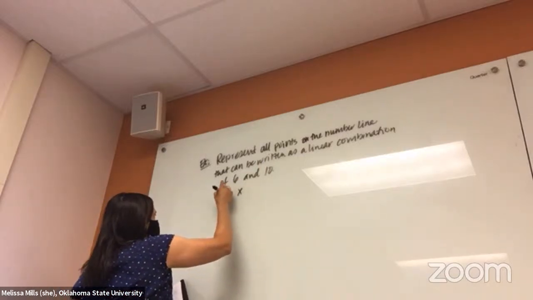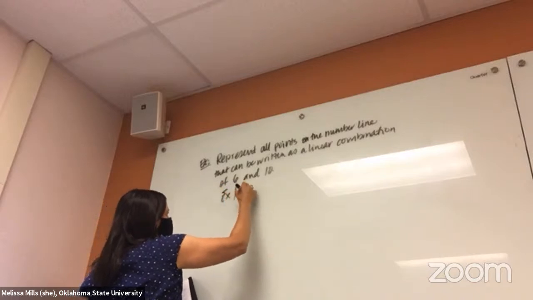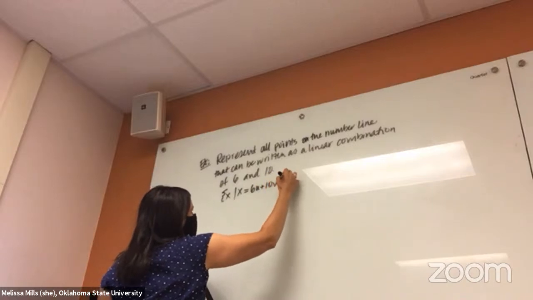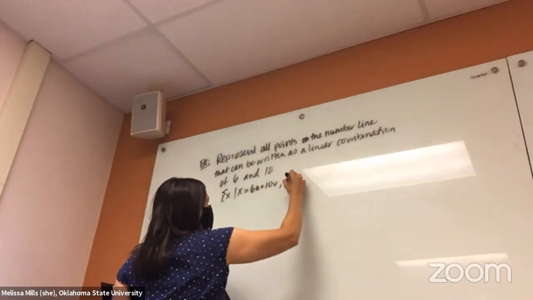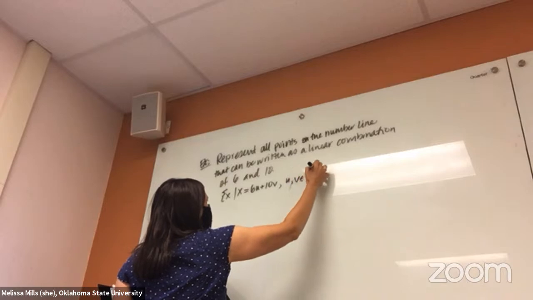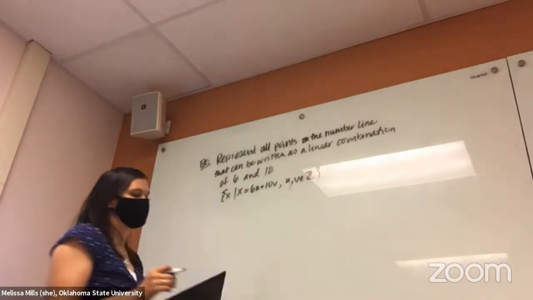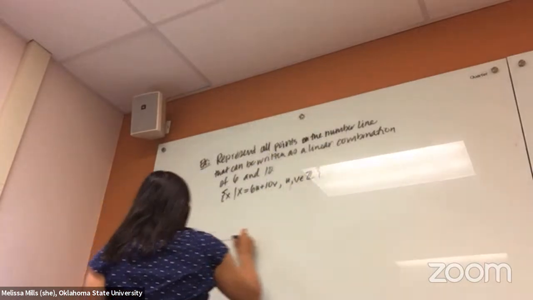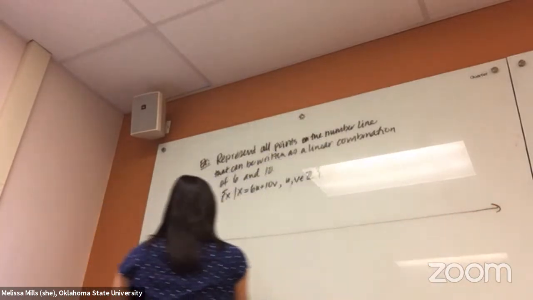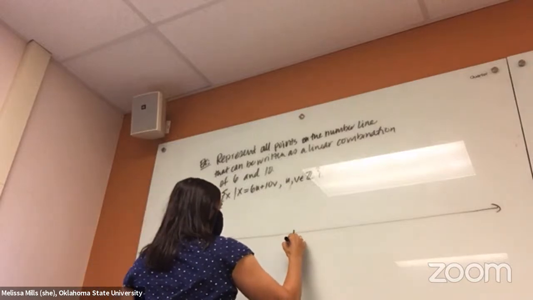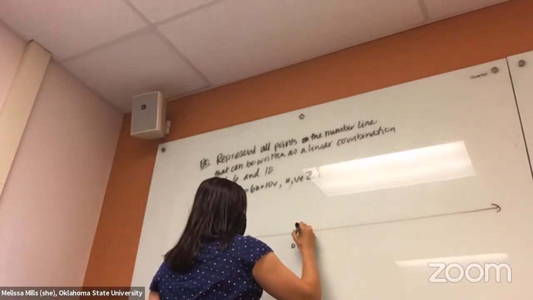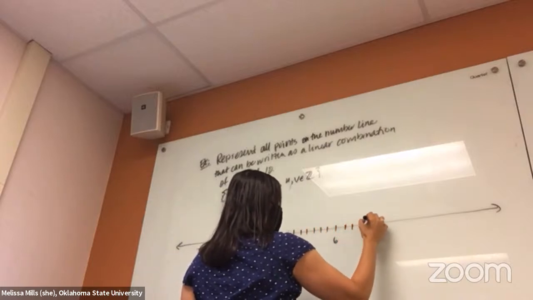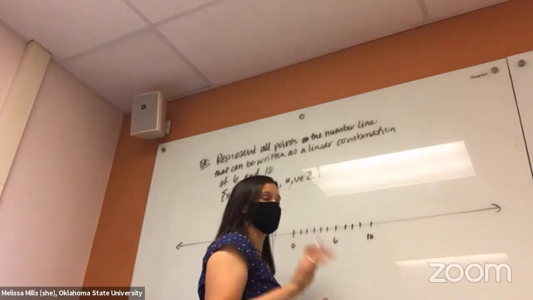We want the set of all x's such that x is equal to 6u plus 10v, where u and v are integers. Okay. So we'll draw our number line. Okay. So 0 is in there. 6 is in there. 10 is in there. And then you can go on from there.